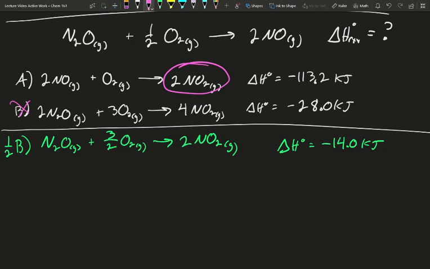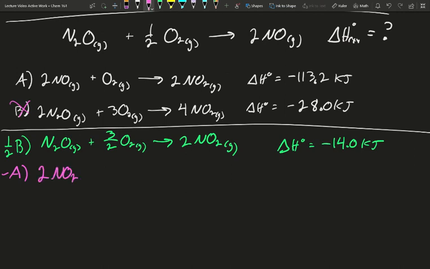To cancel it, I need A's NO2 to be on the left. And the only way to do that is to flip it around. So I need a flip of A. It comes with 2 NO2s, but that's what I have from my modified B. So that's okay, I just need to flip A.